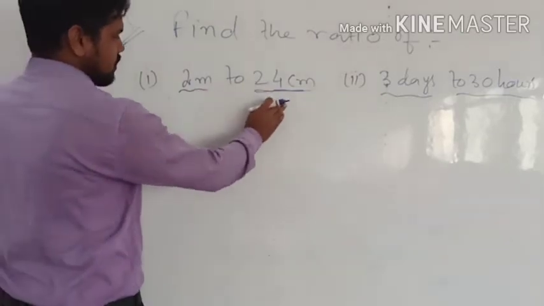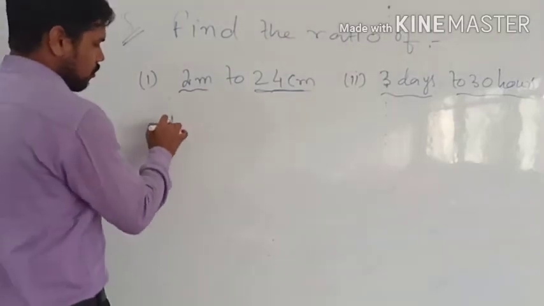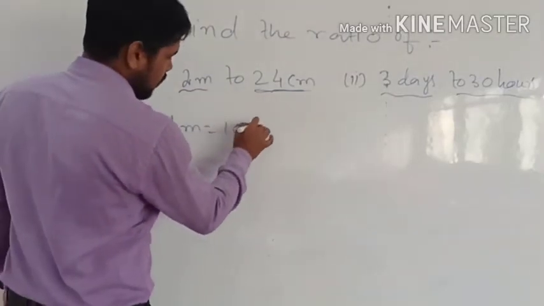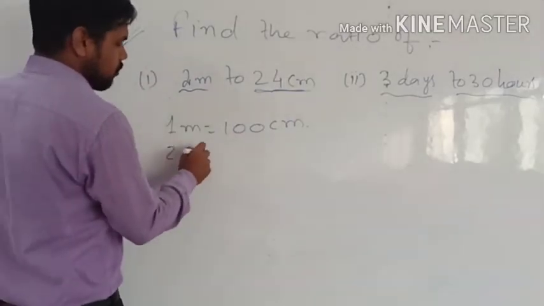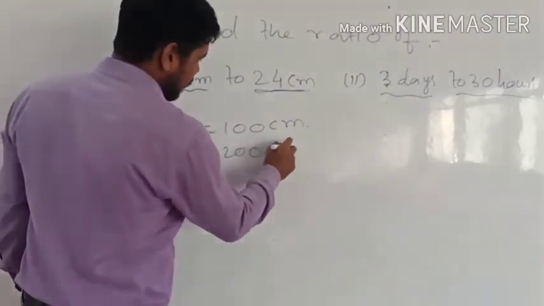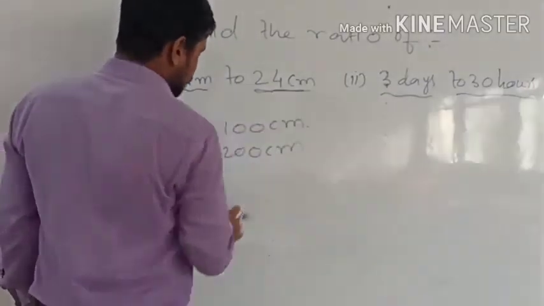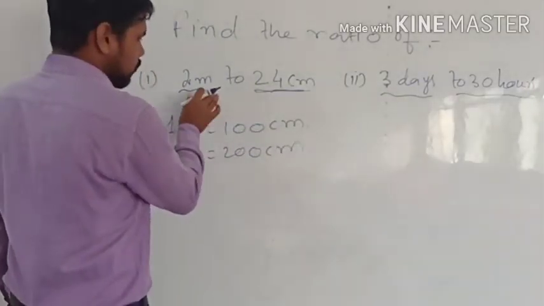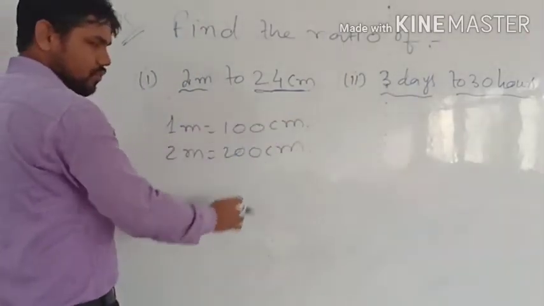So if this is in centimeter and you want to convert this also into centimeter, so you know 1 meter is equal to 100 centimeter, right? So 2 meter will be equal to 200 centimeter. Okay. So here it is asking 2 meter to 24 centimeter, means 200 centimeter to 24 centimeter, right?